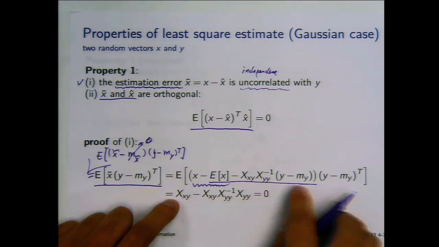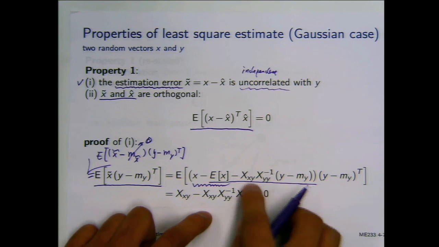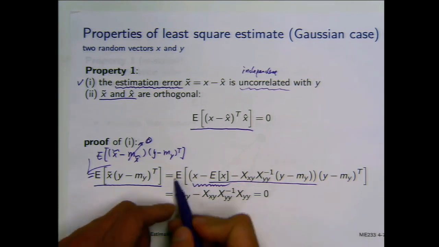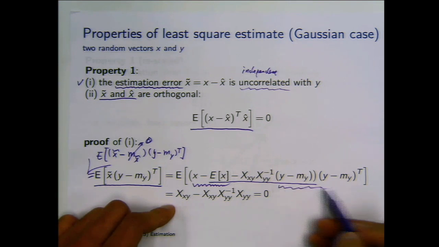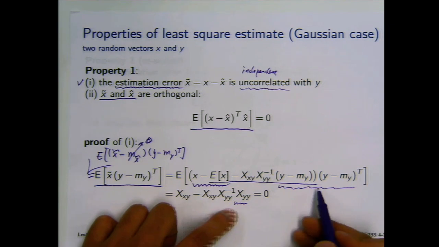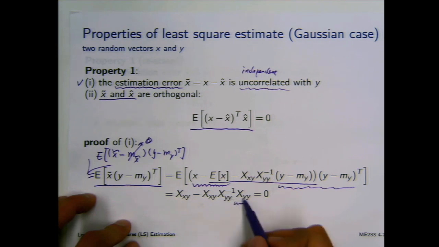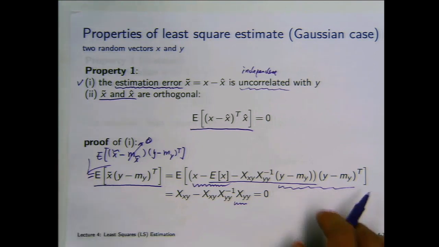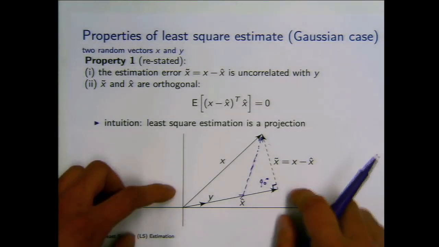And this term, after multiplied by this term, I can take these out of the expectation sign. These are constant matrices. So I'm just going to get the covariance of y. So look at the result here. The cross covariance is multiplied by the inverse of the covariance of y, so this is going to become 0. Not difficult to prove, but this is the picture I want you to keep in mind.